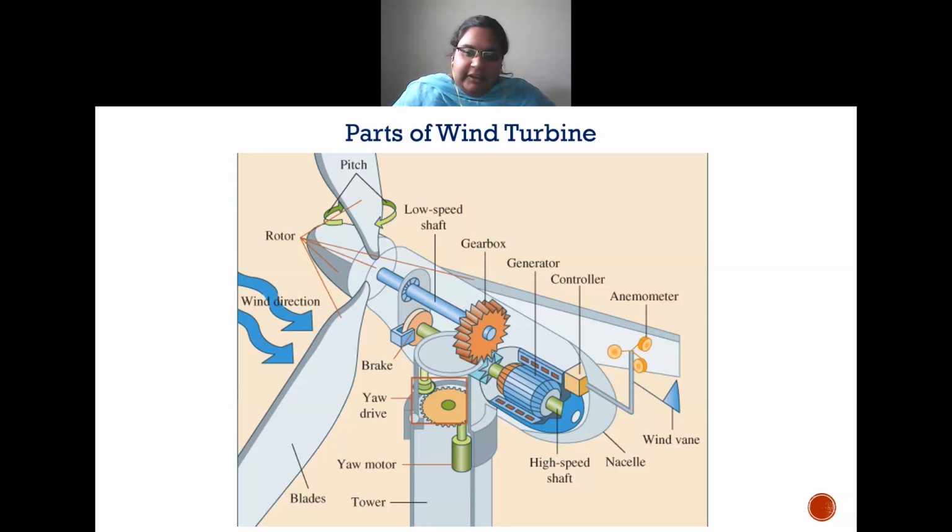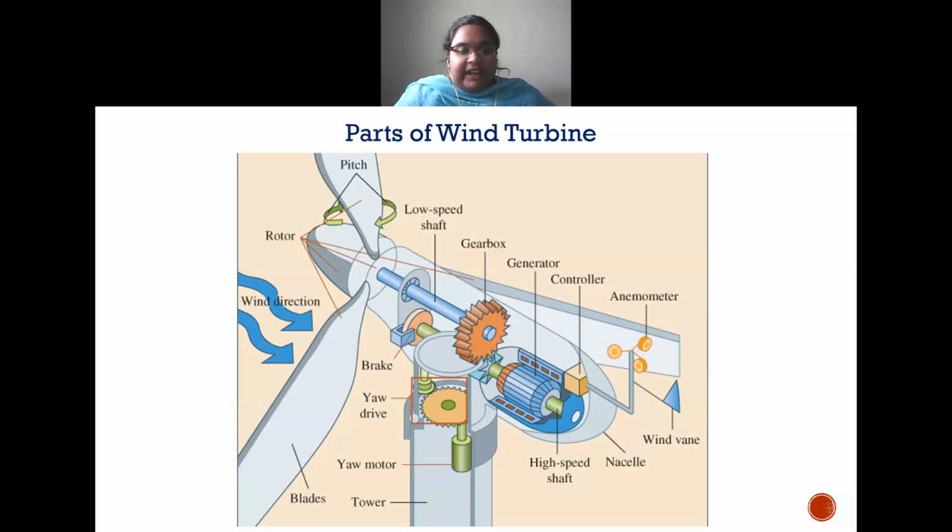Anemometer is the measuring instrument for the wind speed. This also we know. Wind vane, which will allow us to understand the direction of the wind. This also we have seen. Nacelle, as I've said, is the hub which is holding all the equipment. Next is the brake and high speed shaft. As I've explained, we need to convert the low speed into high speed, so we'll be using the gearbox, and again, as there is a low speed shaft, we'll be having a shaft which is running at higher speeds.